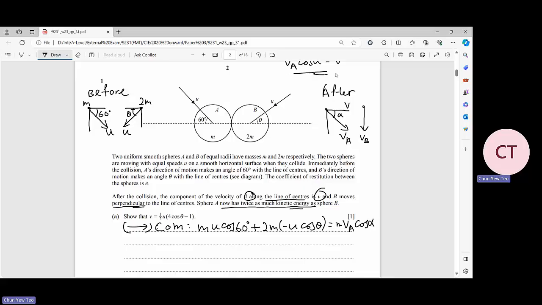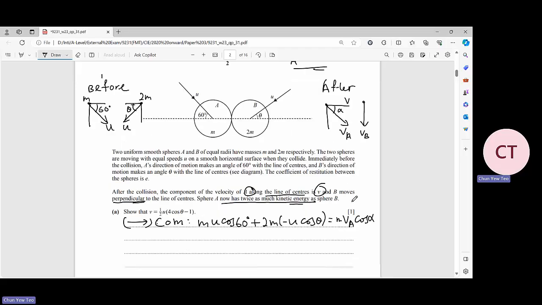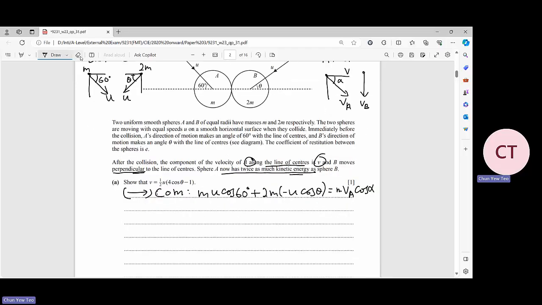But I told you just now VA cos alpha is V. So we just write down mV, cancel all the m, and you get V equal to half u minus 2u cos theta. When you factorize the half u out, you get 1 minus 4 cos theta.